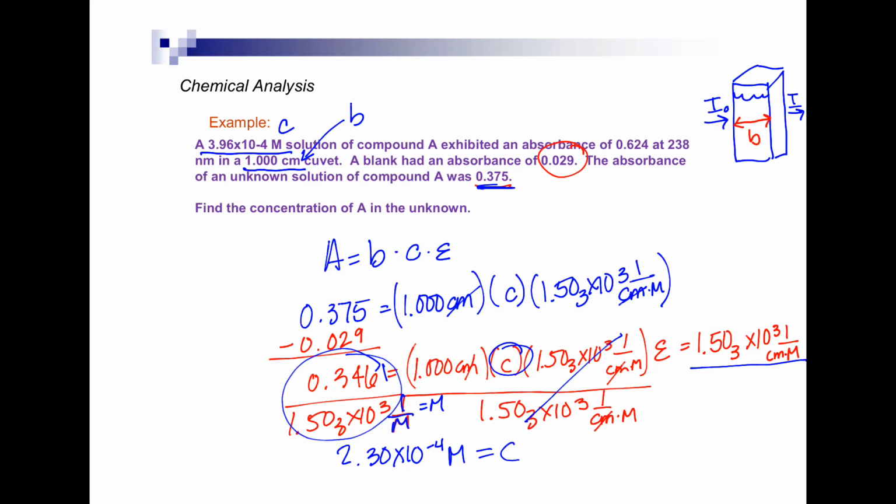All right, so we have found the concentration of an unknown solution by monitoring some absorbances and knowing the concentration of a standard. All right, so just to review what we talked about in this little lecture, we started with talking about the characteristics of light.